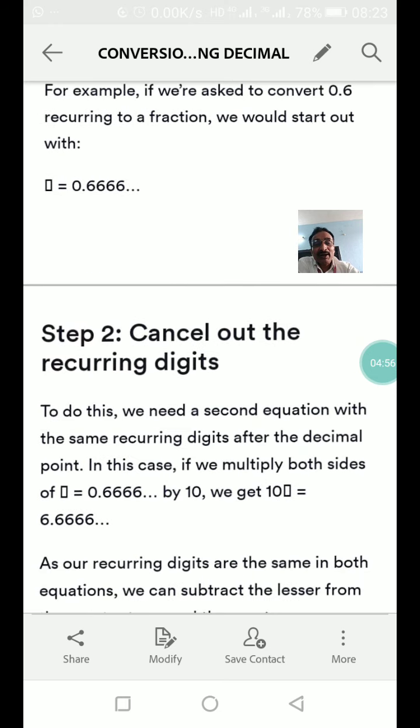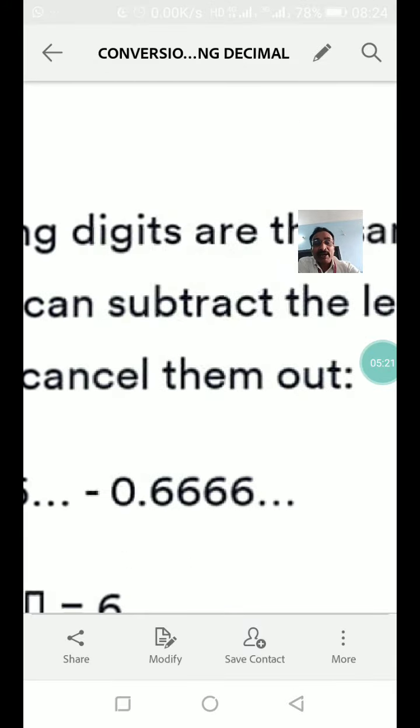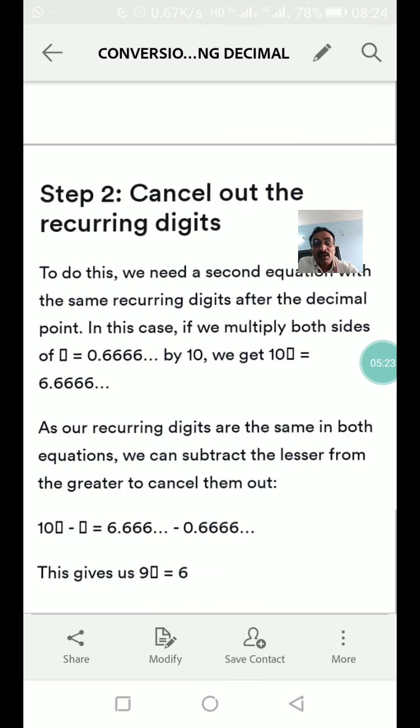Now step 2. We need a second equation with the same recurring digits after the decimal point. In this case, if we multiply both sides of x equal to 0.666 by 10, we get 10x equal to 6.666. As our recurring digits are the same in both equations, we can subtract the lesser from the greater to cancel them out.